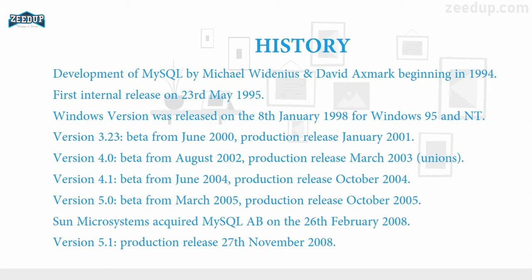And the latest version, version 5.1, had its production release on 27th November 2008. After that, its parent company, MySQL AB, was acquired by Sun Microsystems, the same company that developed the Java language.